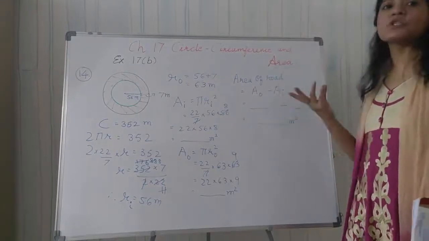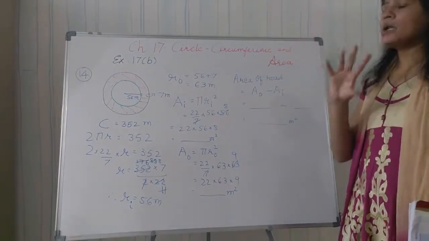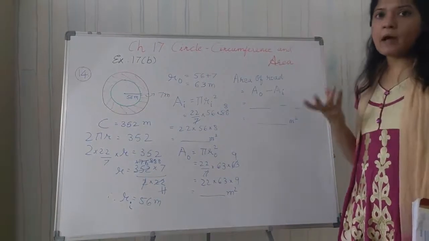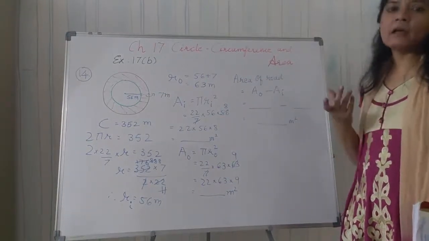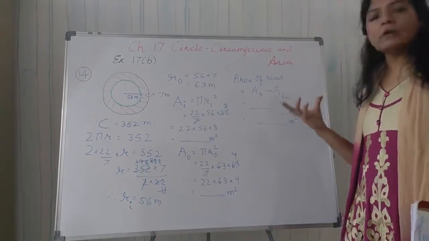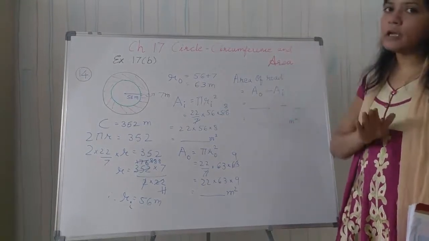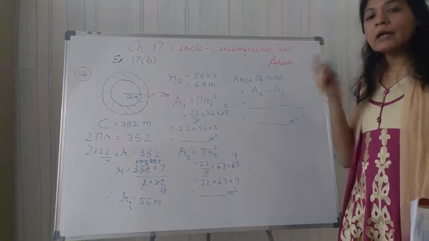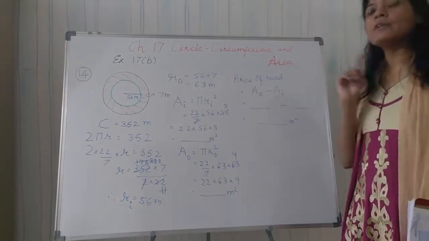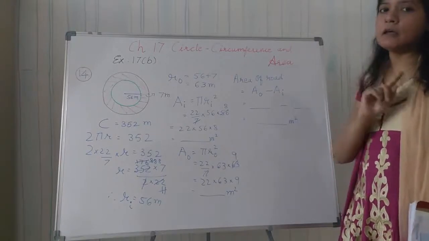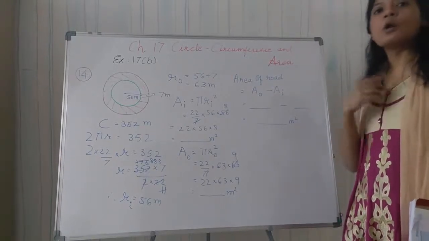Whenever this type of question comes, in which you are given some circular field, park or some other, and some road or track, path, whatever it is, outside it or inside it, you must understand, by reading the question, what you have to do, what you are given in the question, whether the radius is given to you or not.